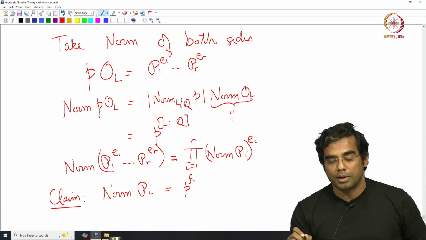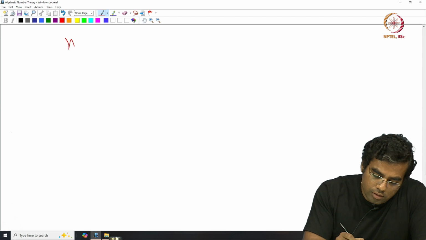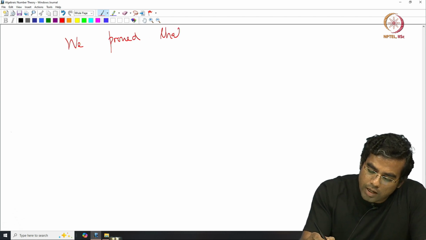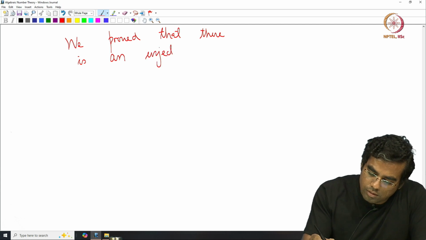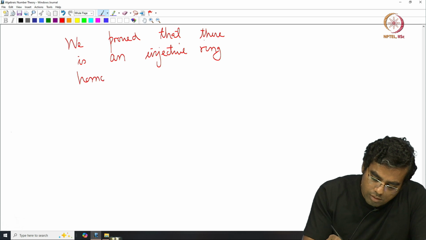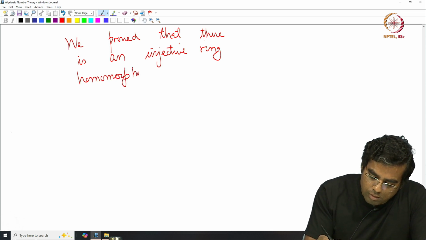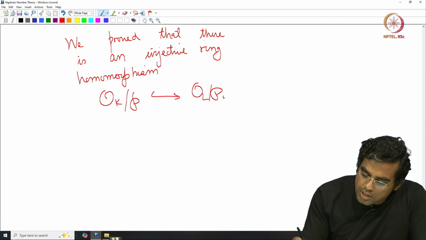Perhaps I should have written this as a corollary when I proved this. So, we proved that there is an injective ring homomorphism from OK mod P to OL mod Pi.